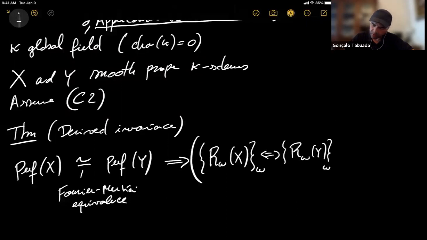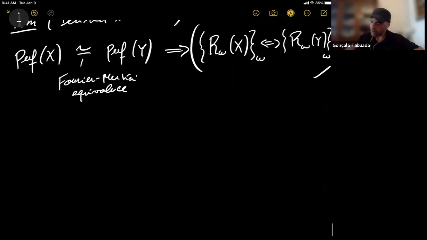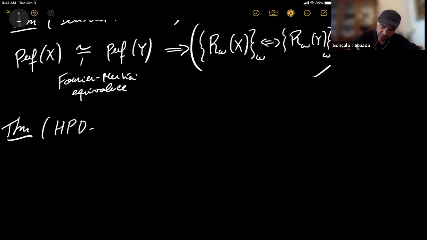So we actually have an equivalence of Riemann hypotheses. So if someone manages to prove this generalized Riemann hypothesis for one variety, this will give you automatically that it's true for all its derived partners. So we have this property of the conjectures: it's invariant under derived equivalence. And it's actually something more general. It's invariant under HPD duality. So we have also this HPD invariance.